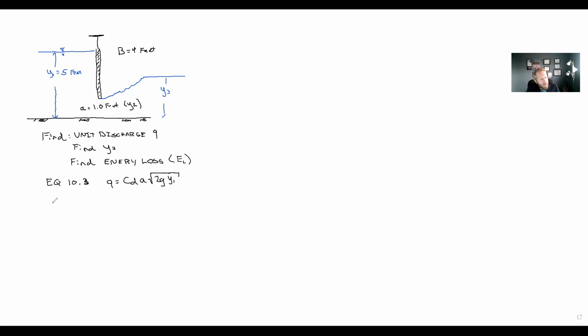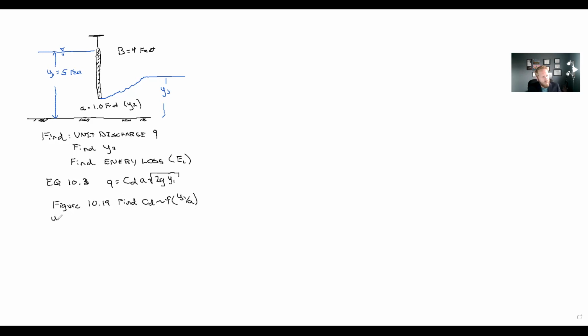And if you look at figure 10.19, we can find C sub D by solving for y1 over a. So C sub D is some function of y1 over a.